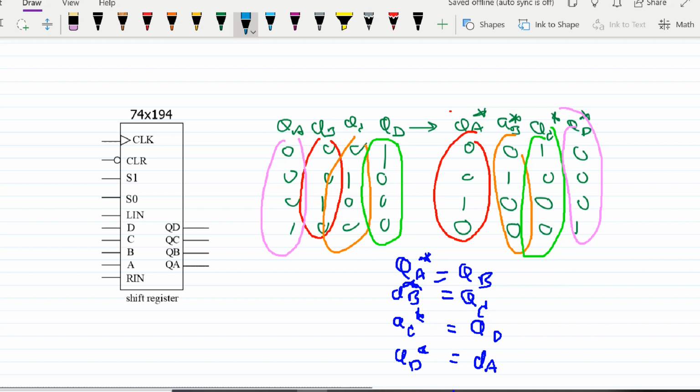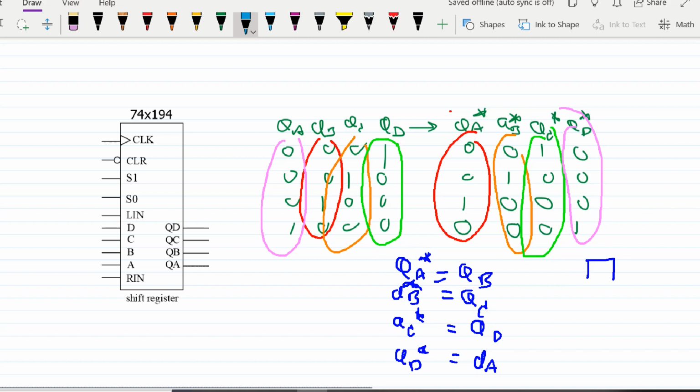So, because this IC uses D flip-flops inside, right? QA star you want to be QB, right? That means you must connect QB to the input of QA.